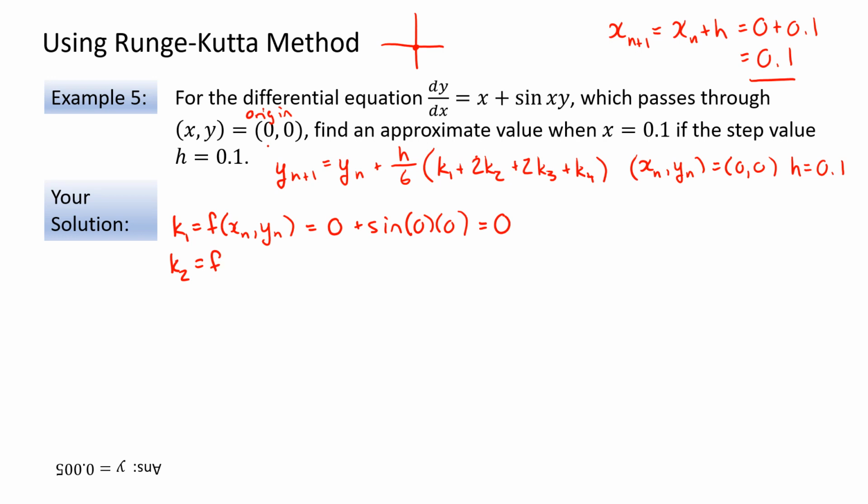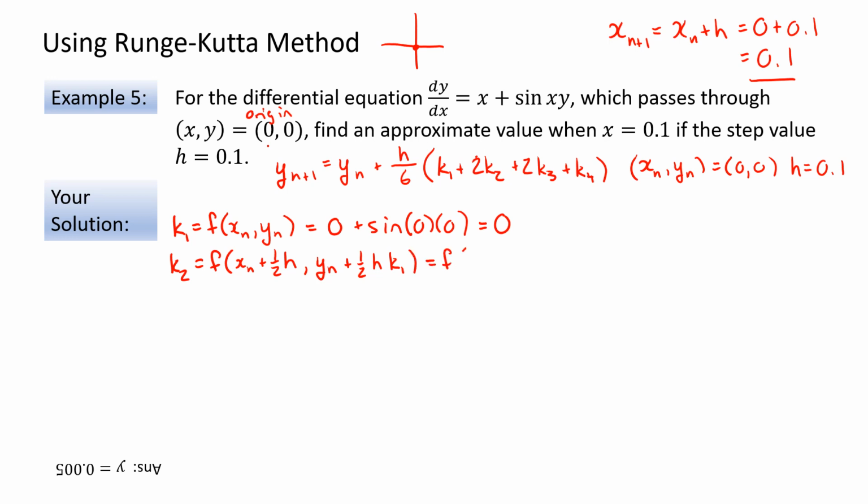K2 is our function at, remember, this is different, okay? It's our original point x_n plus 1/2 of the step value for x. For y, it's our original y point, y_n, plus 1/2 times our step value times our previous k value, which is k1, which we know is 0.